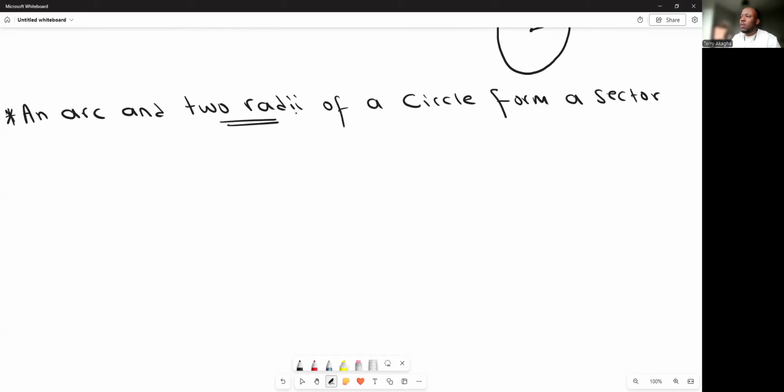So that means if we have a circle, we've already established that this is the radius, and this is also the radius, okay? Now, let's assume this is the center O, and this is A and B, all right?